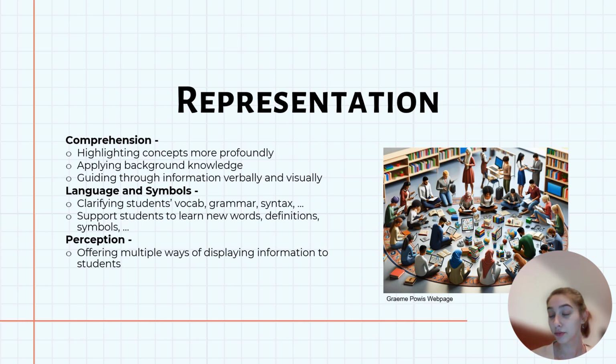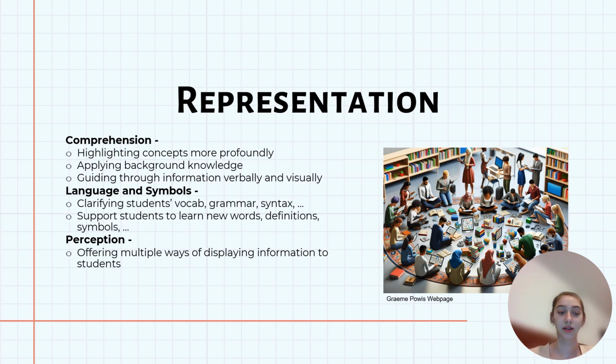For language and symbols, make sure you clarify students' vocabulary, their grammar, and their syntax, aka phonics, and all of that is very important to reiterate with students so that they can continue on knowing the right way. Supporting students' new word definition and symbol growth is very good. It helps them be able to represent things and see and understand things in the world.